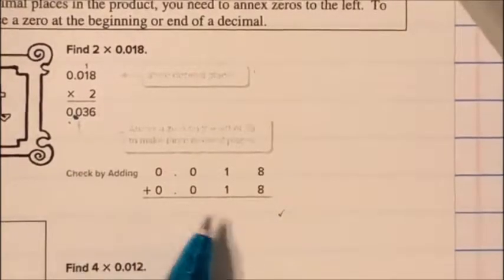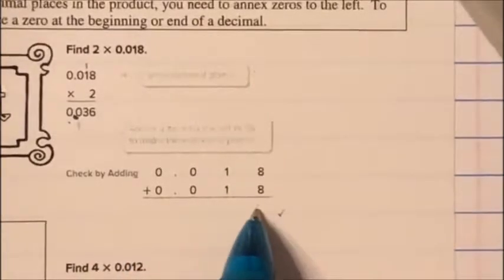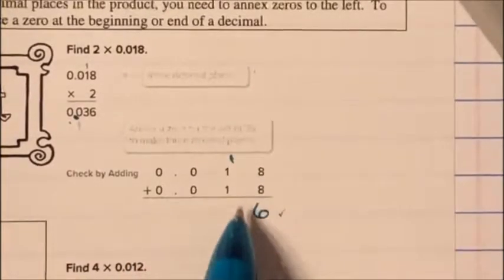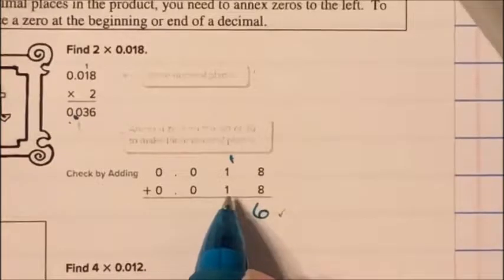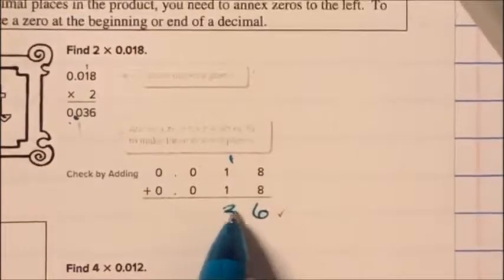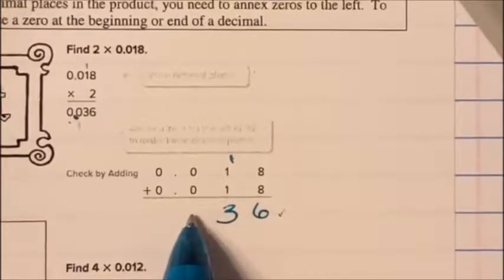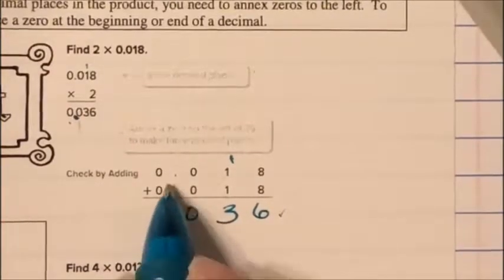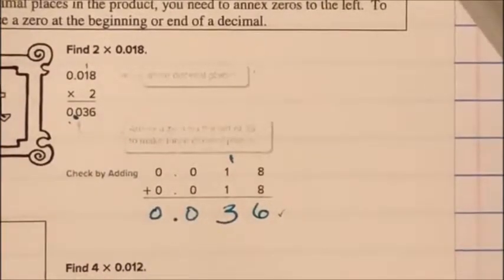I can always check by adding. 8 plus 8 is 16. Carry the 1. 1 plus 1 is 2, plus 1 is 3. 0 plus 0 is 0, and 0 plus 0 is 0. These match, so we did it correctly.